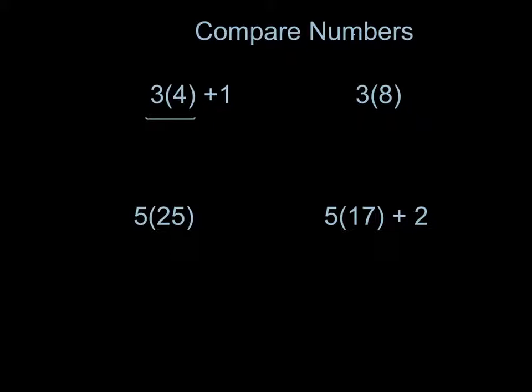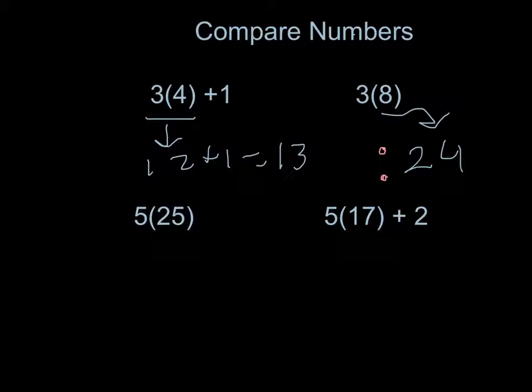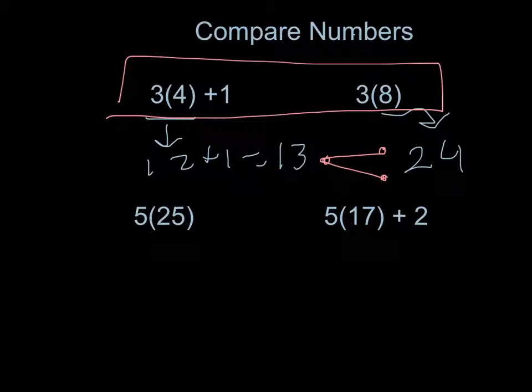So if I look at 3 times 4, I know that that's 12, plus 1 is 13. And then I also know that 3 times 8 is going to be 24. 24 is greater than 13, so I put the 2 dots by the 24, the 1 dot by the 13, and I connect them. So if you see something like this written, simplify it so you know which way to put the symbol, and then you can go back up into the original problem and draw your less than symbol.